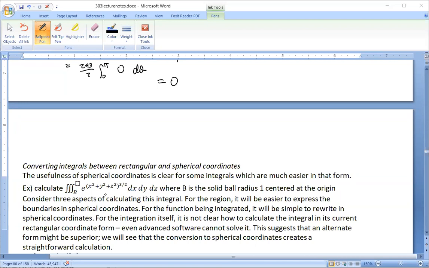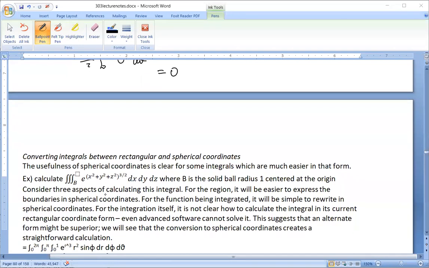So we've got e raised to the r squared to the 3/2. R squared to the 3/2 is just r cubed. And there's your conversion. So we've got the boundaries, the function, and the dV all set up in terms of spherical coordinates. Now we can go ahead and do this integral.